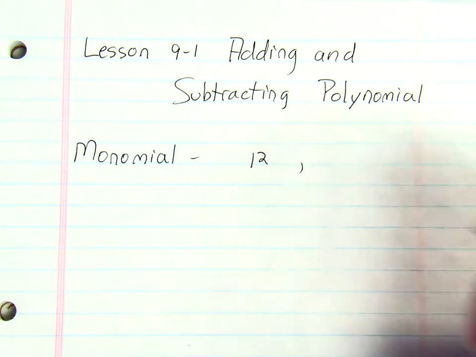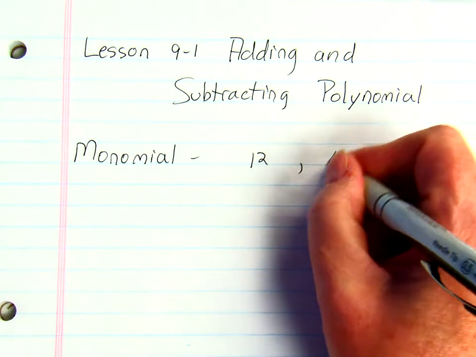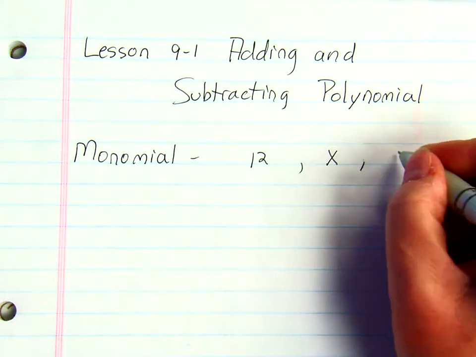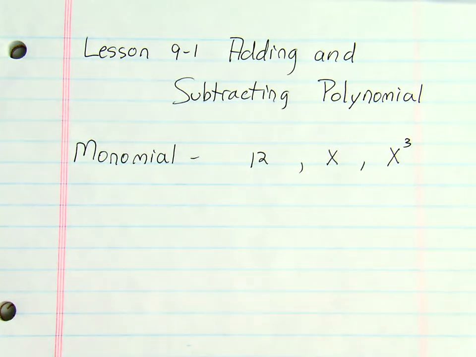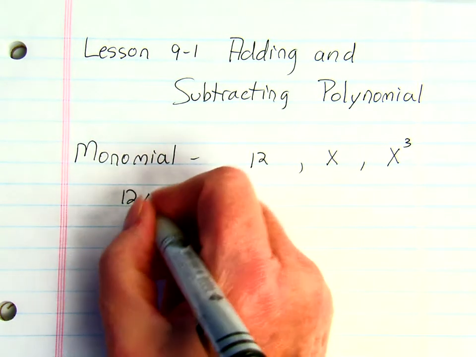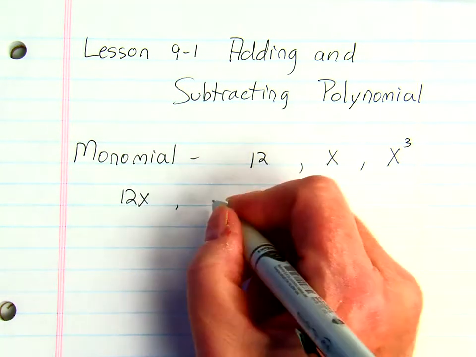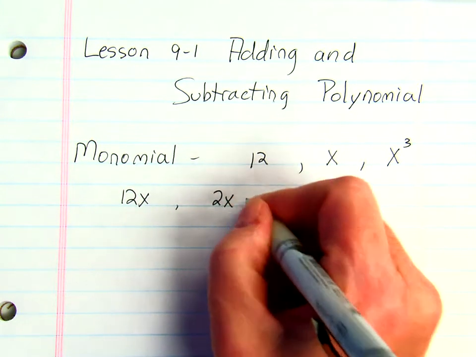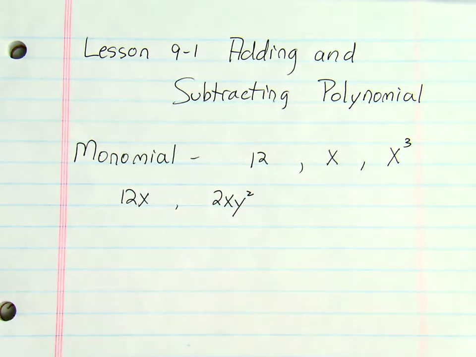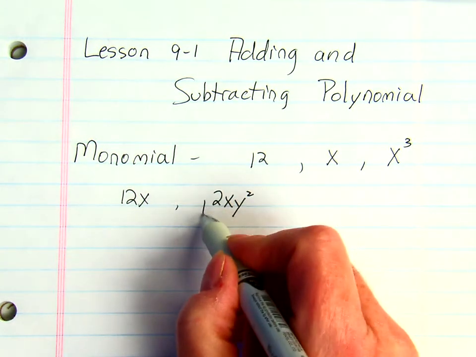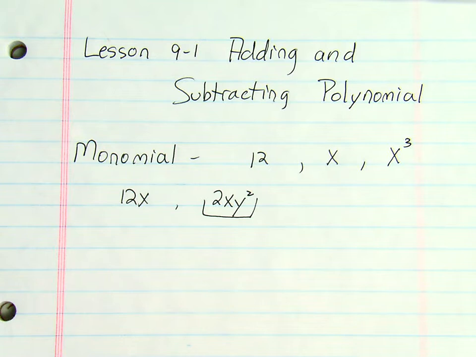It can be a variable, just a single variable, x or x cubed, those are monomials. Or it can be a combination of both things. So it could be 12x. It could be 2xy squared. So you can have a couple of variables together because it's all this one unit of just multiplication.